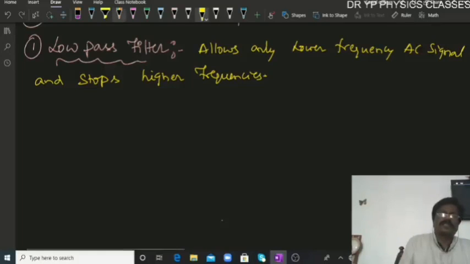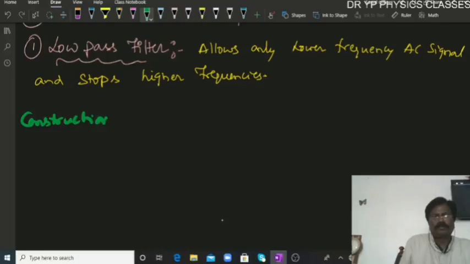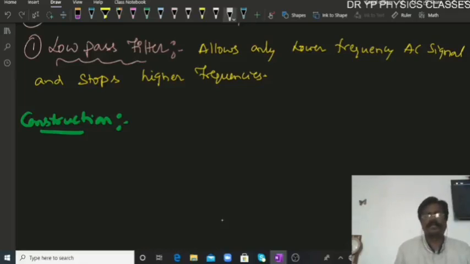Okay, and how it is designed. Construction. Let me consider the construction of low pass filter. Usually low pass filter or high pass filters are designed, as I mentioned earlier, using R and C, resistor and capacitor.